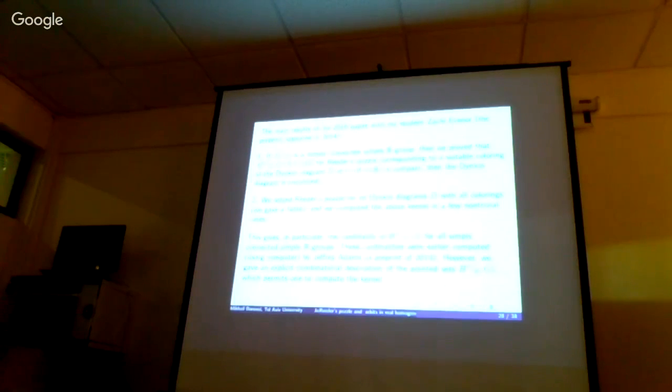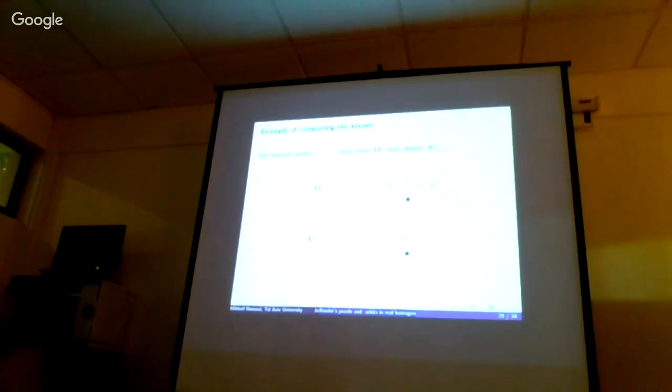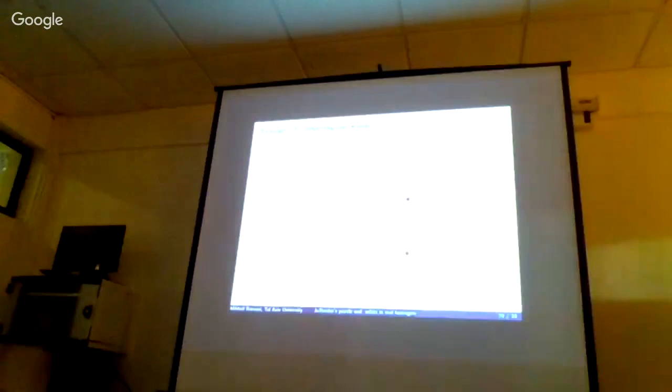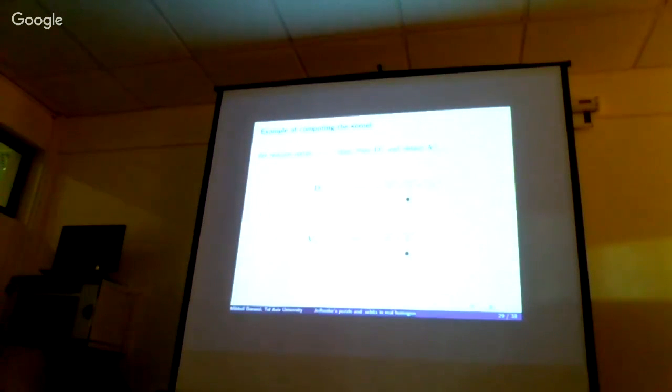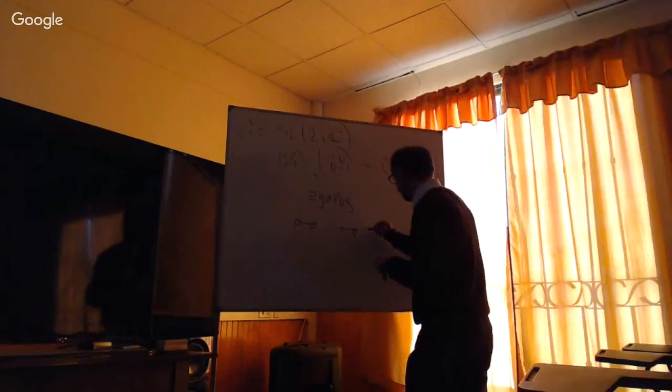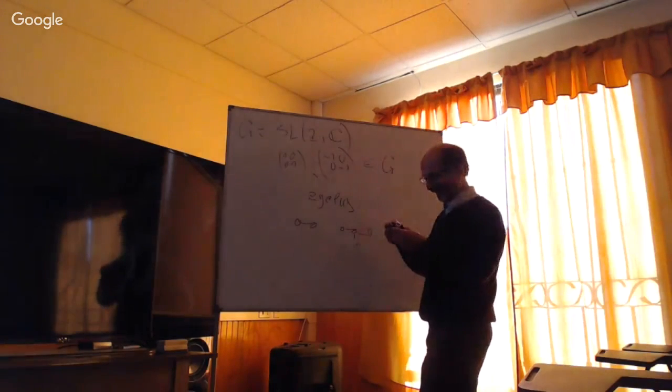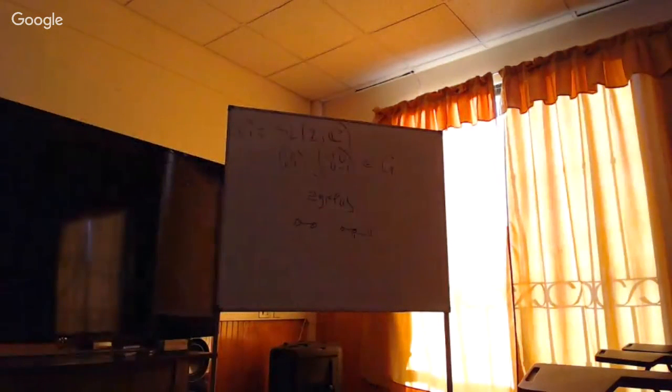Okay, and now I give one example of computing the kernel. So we take Dn, and we throw away, remove one vertex, this blue one, and we get A(n-1). Of course, this is the same as if I write it like this. It's just a different way of writing.